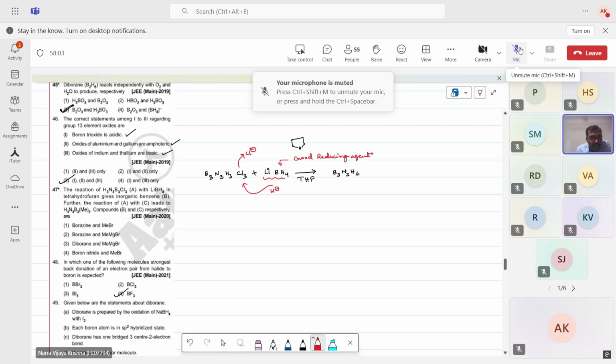Now we got B3N3H6, inorganic benzene, A. Further, A reacts with some C to give B3N3H3Me3. Means what should happen here? Here H minus is replacing Cl minus. To form this one, CH3 minus should go and replace Cl minus. Correct, sir? Yes, sir.